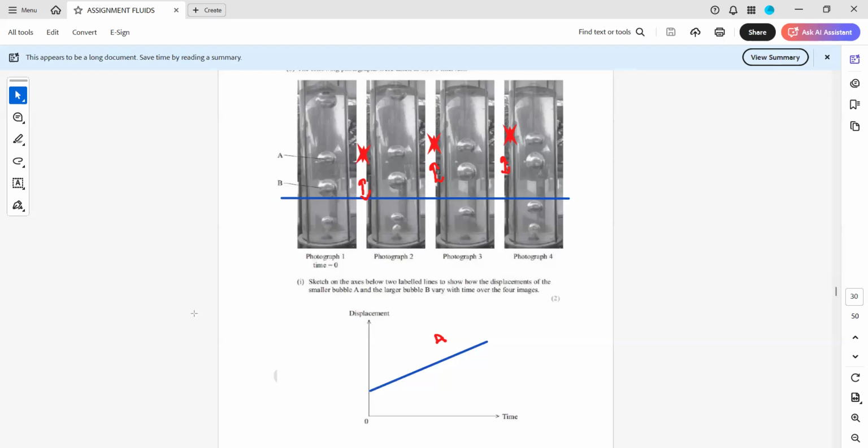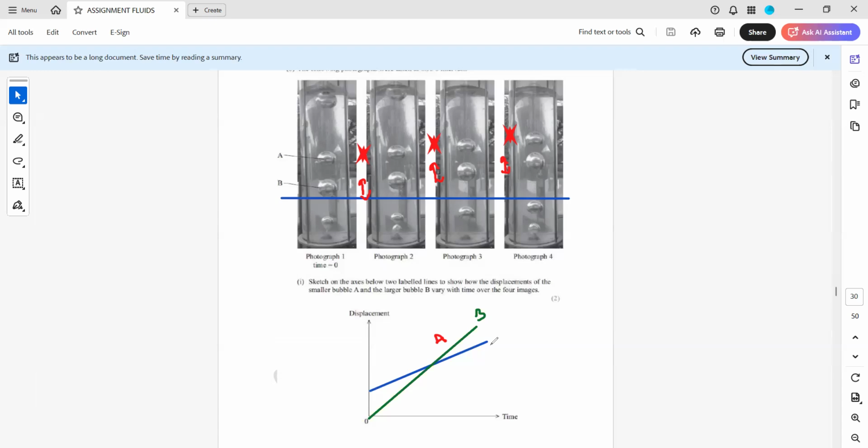So if this is representing B, this will be the graph for B. It shows that B has a higher velocity than A for the same time interval.